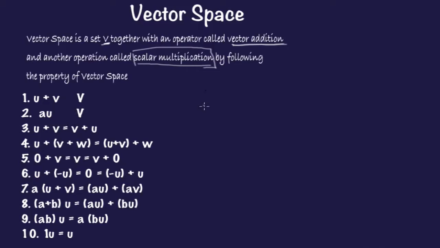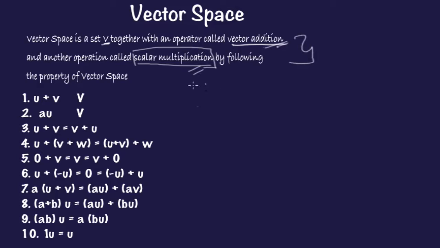Vector addition means a rule for adding two elements of V to obtain a third element of V. And scalar multiplication means a rule for multiplying a real number times an element of V to obtain a second element of V. So that is the basic definition of vector space.